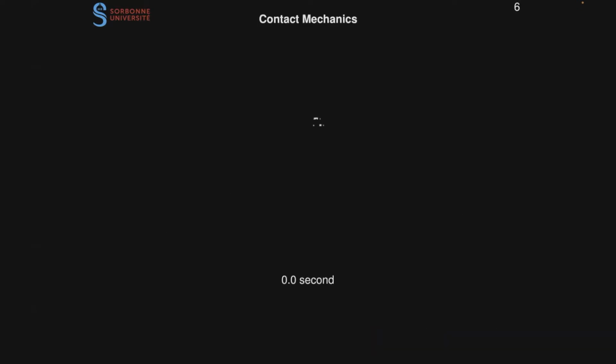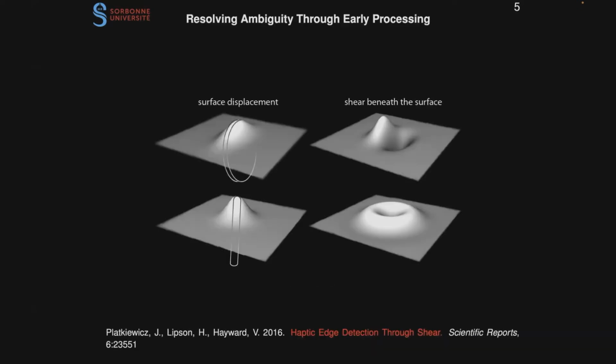And the idea here is that maybe it's due to the properties of the peripheral nervous system, or maybe it be higher order computation. But it could very well be that detecting 0 shear is a way of detecting edges.